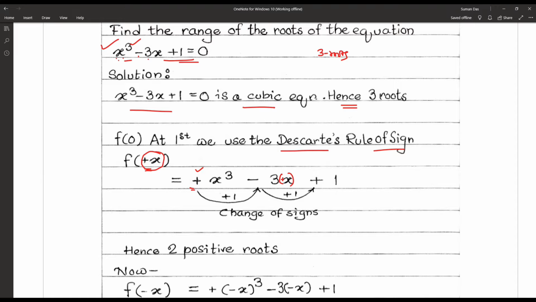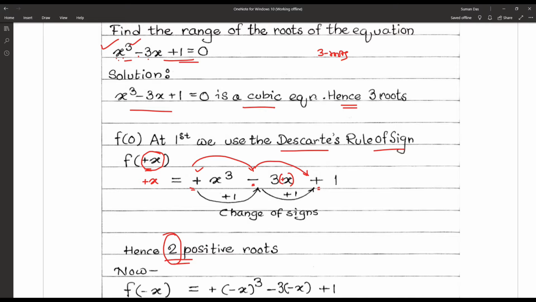Here that is plus, here that is minus, and here that is once again plus. So there are two changes of sign, from plus to minus and minus to plus, and we have used the plus x. That means here in the equation we have two positive roots.